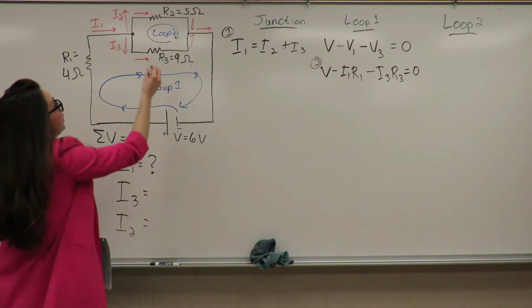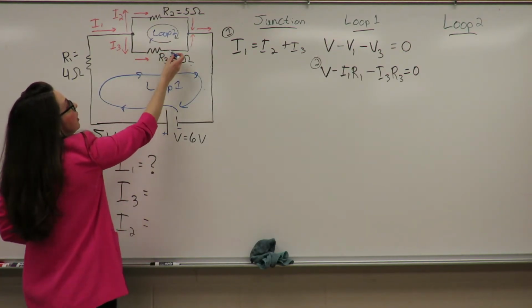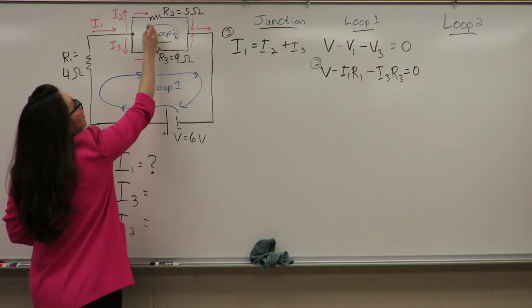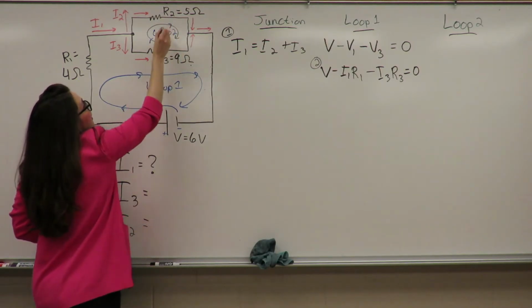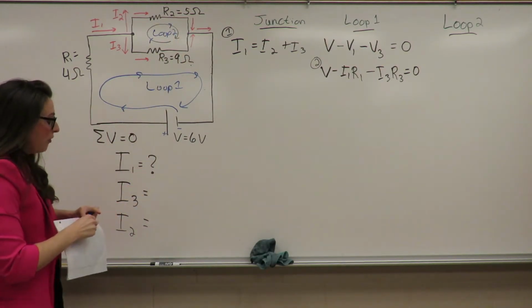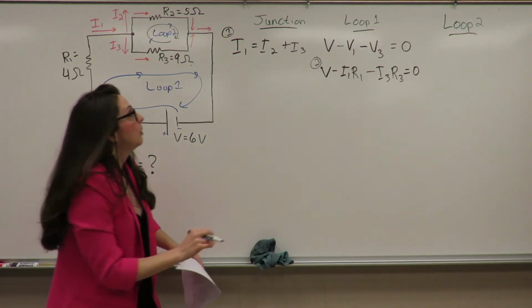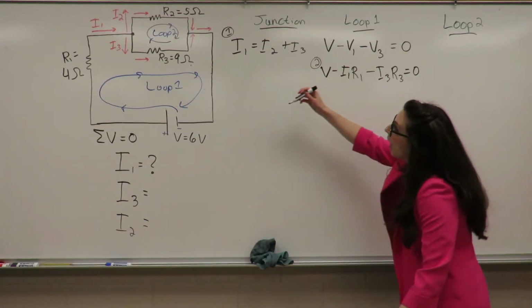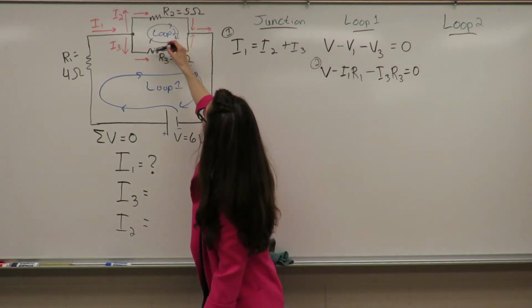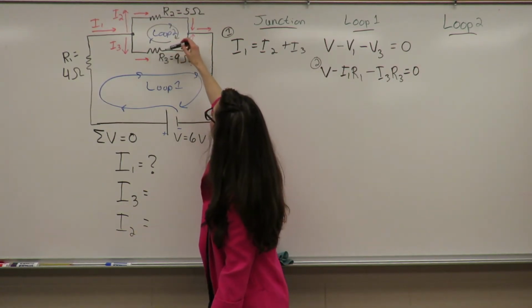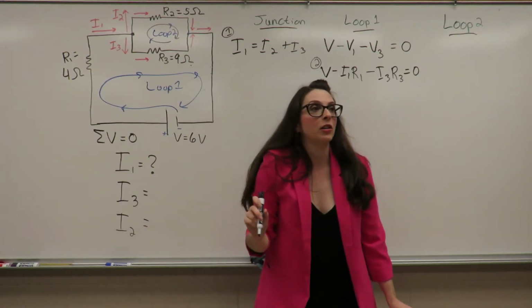Okay. And so loop 2 starts here by me going through the third resistor, around through the second resistor, and back again. Okay, and so if I use Kirchhoff's loop rule for loop 2, I will have, so we're going through this resistor opposite the direction of current.